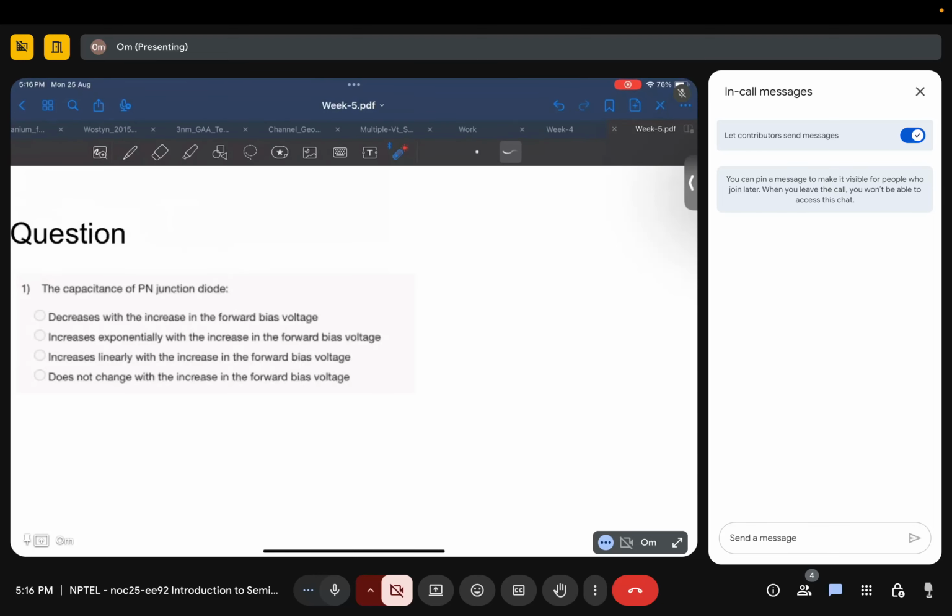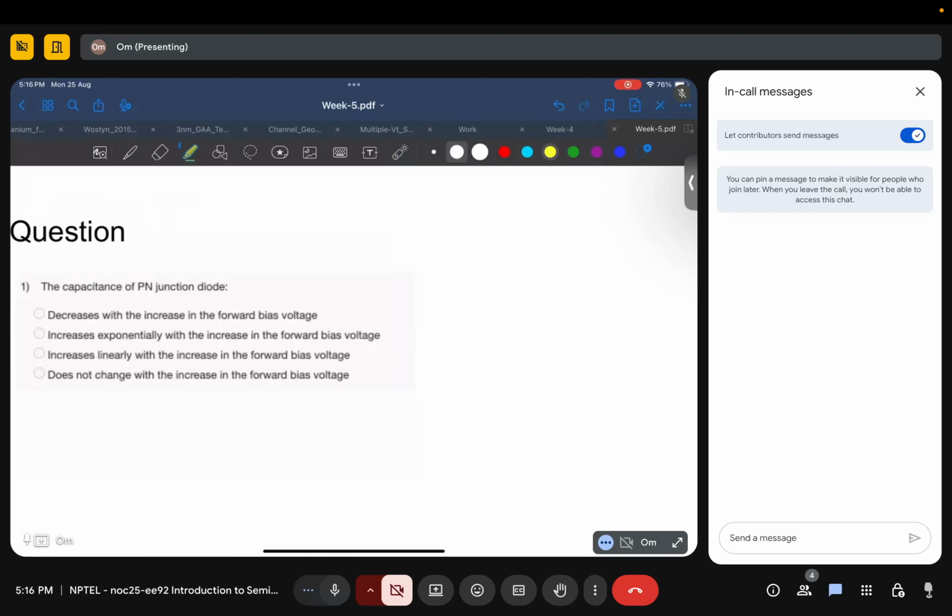Question one: the capacitance of a PN junction diode A) decreases with increase in forward bias, B) increases exponentially with increase in forward bias, C) increases linearly with increase in forward bias, D) does not change with increase in forward bias.